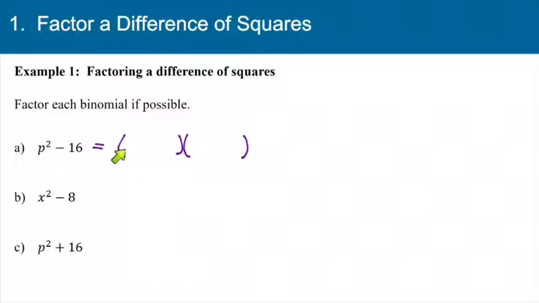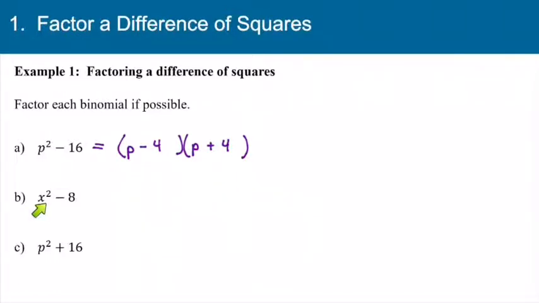P squared needs to be broken down into p times p, and then we're going to have opposite signs here. 16 is 4 times 4, so this parentheses can be minus 4 and the other one can be plus 4. It does not matter what order you put these in as long as you get them both in there. So we could have written p plus 4 times p minus 4, that would also be correct. But this is the factoring that we were after, p minus 4 times p plus 4.